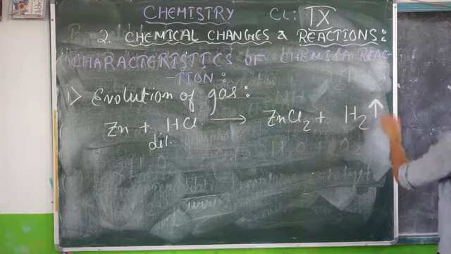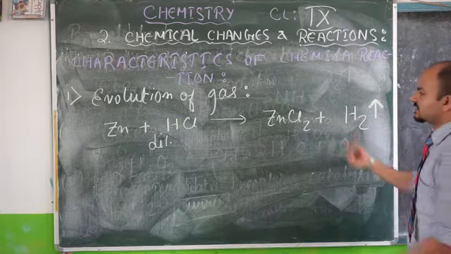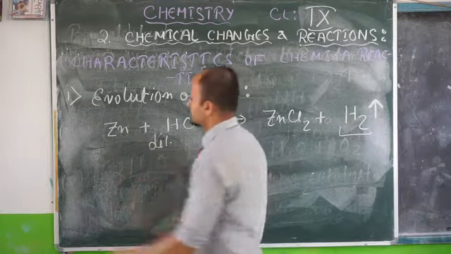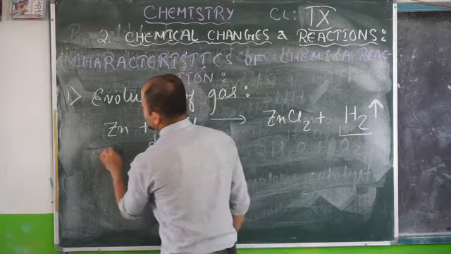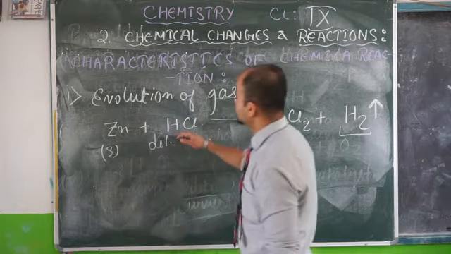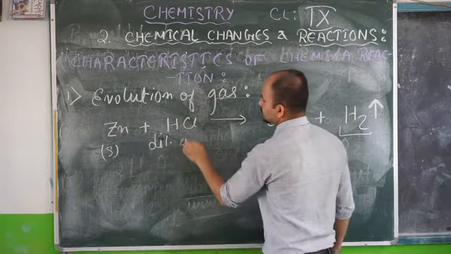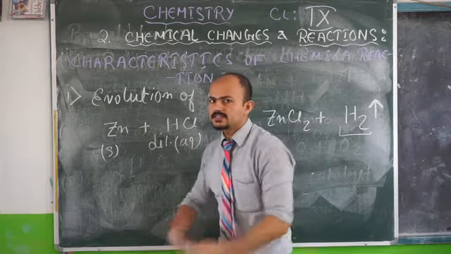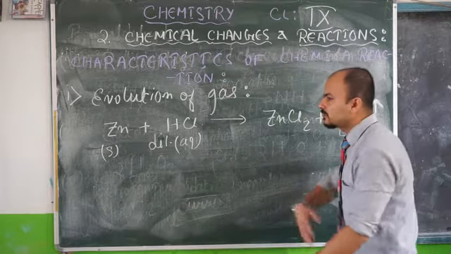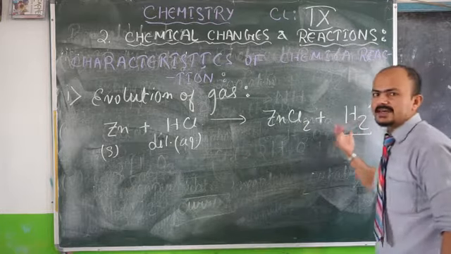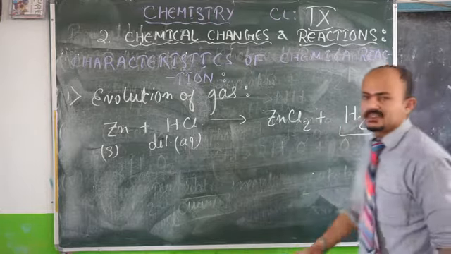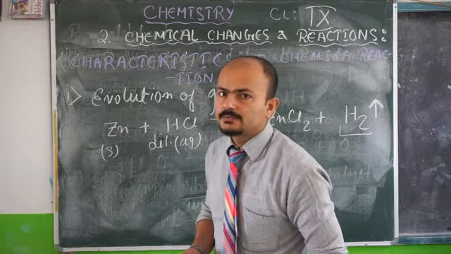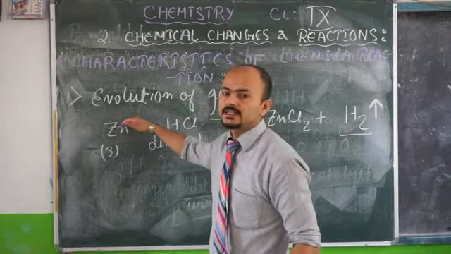Before the reaction, this is solid, this is aqueous solution. There was no gas present before the reaction. Now, after a certain time, you observe that some gas has evolved, and that is hydrogen. This is how we come to know whether a chemical change has taken place or not. This is just one way.